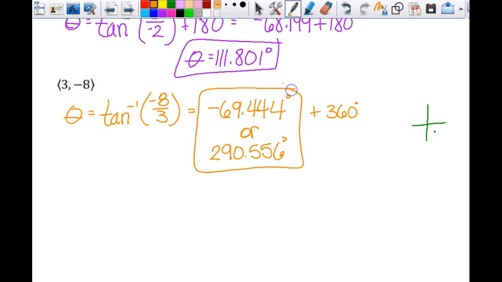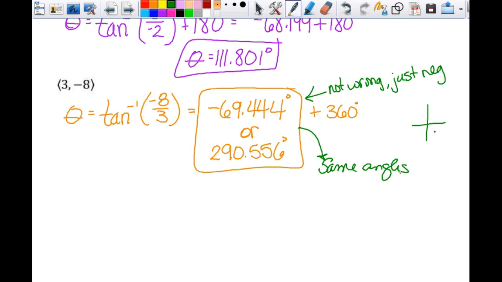So in this case here, this is not wrong, just negative. Okay, so it wouldn't be the end of the world if we used that angle, because it would still get us in the right place. And these two are the same angle.